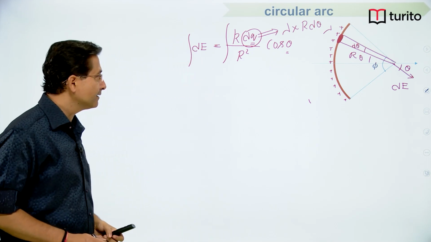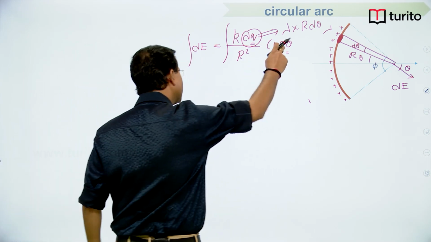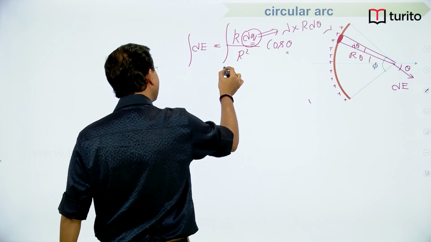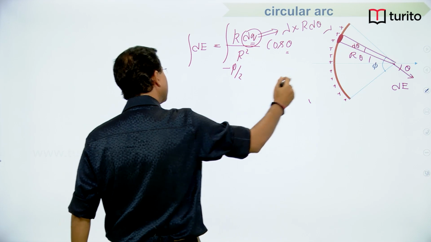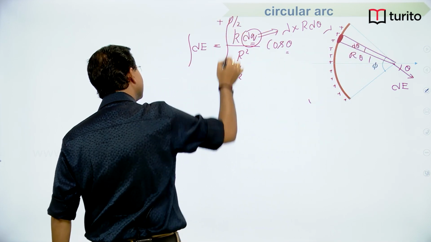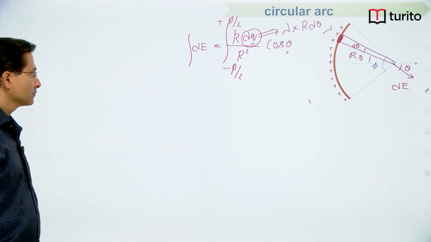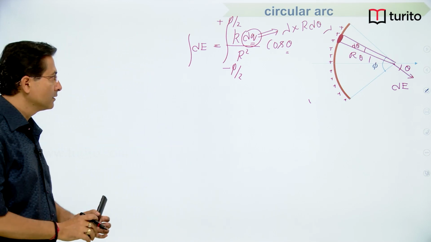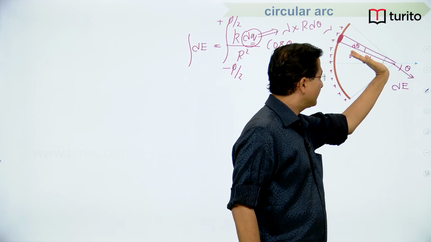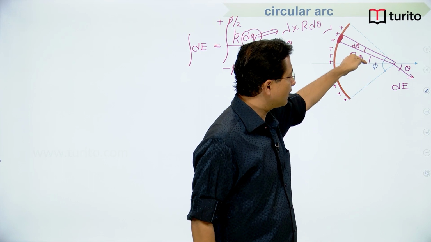I can integrate theta from this side, you have to go minus phi by 2, and this side you have to go plus phi by 2. Right? In this direction, this is phi by 2, and in the opposite direction, this is phi by 2.